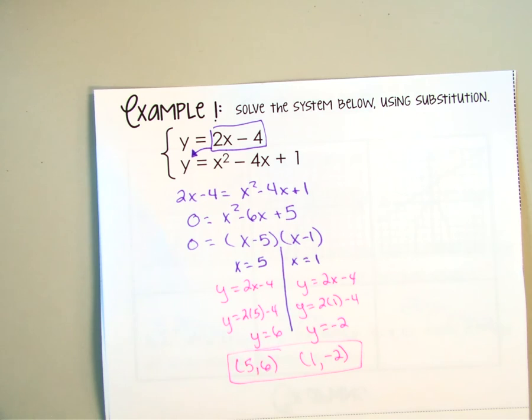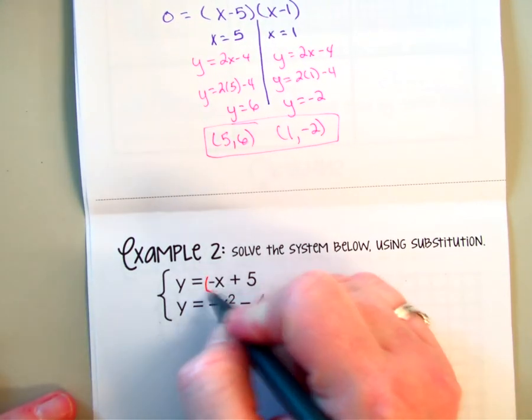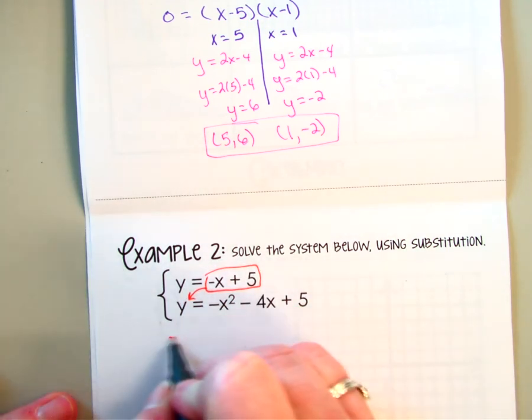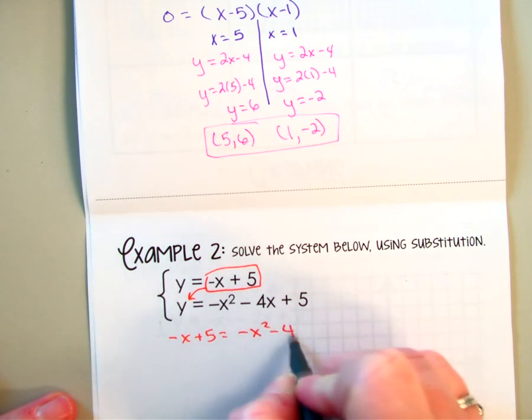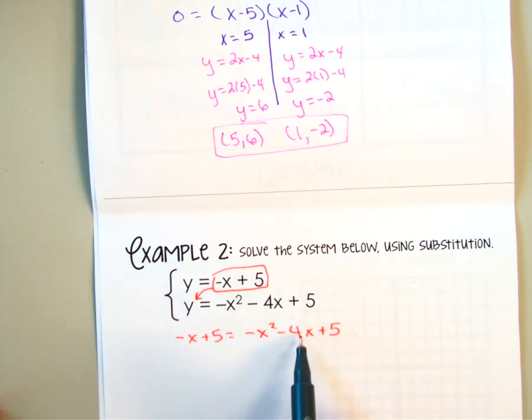All right, let's try another one. So again, I'm going to take this stuff, plug it in for that y down there. Equals negative x squared minus 4x plus 5. Now this time I'm going to do it a little bit differently because what I'm actually going to do is take this stuff on the right side here and bring that over to the left because I can't factor with a negative x squared.